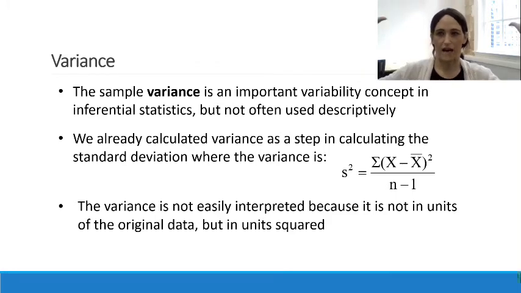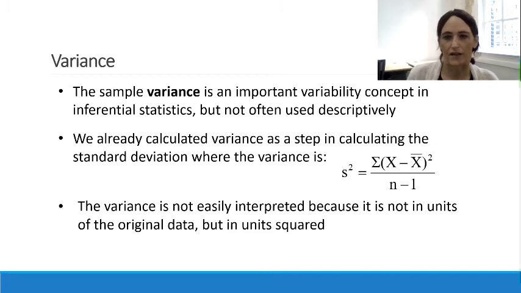And it's a value that tends to be large, but it's the total absolute variation, squared variation. And it's not easily interpreted because it's a squared value. It's not in the original units. But when we start to talk about explaining variance in some measure, we are going to be basing it on these squared differences from the mean.